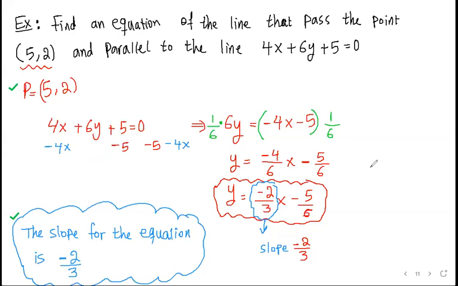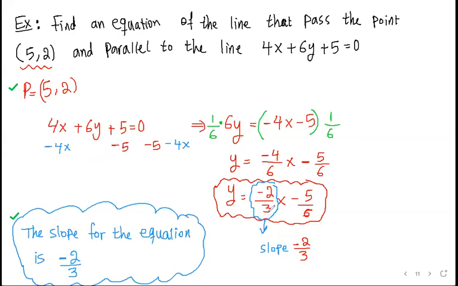I mean, here, how to find the slope? Yeah, you don't understand the slope. Again, the slope of the second line is the same as the slope of the equation I am looking for. So you have to find the slope from this equation. The slope of this equation is minus 2 over 3.